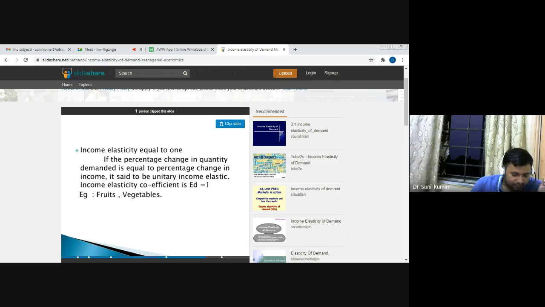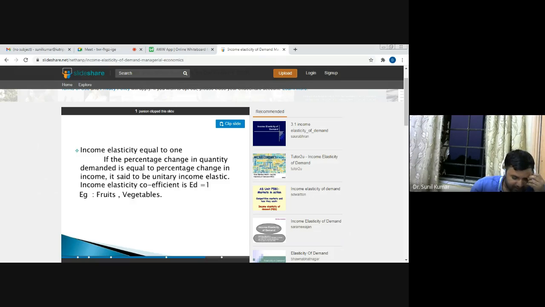So write down an income demand curve having unitary income elastic.